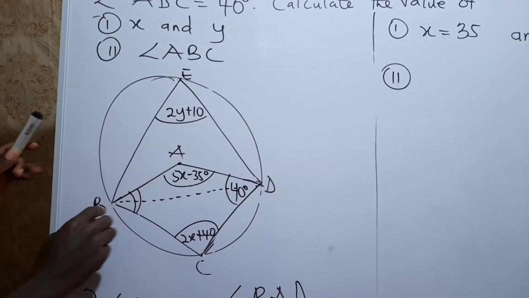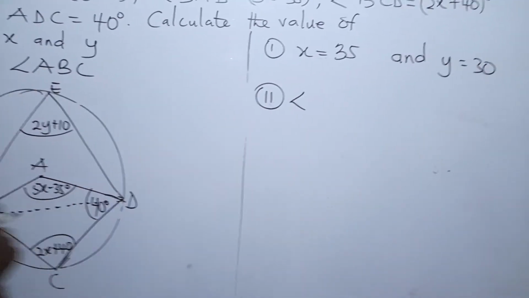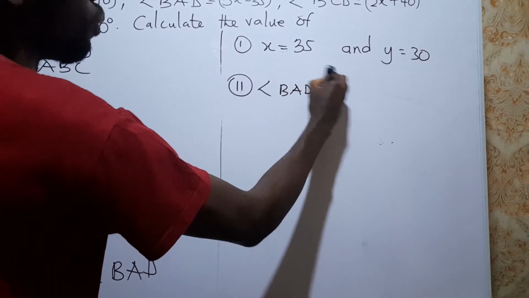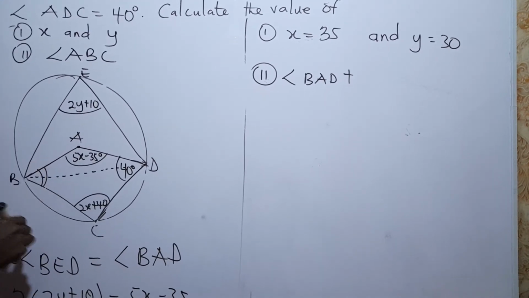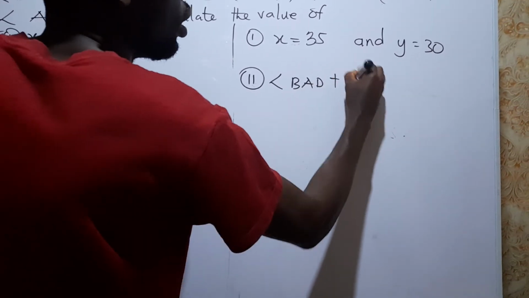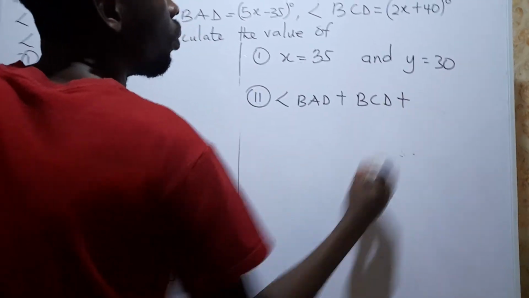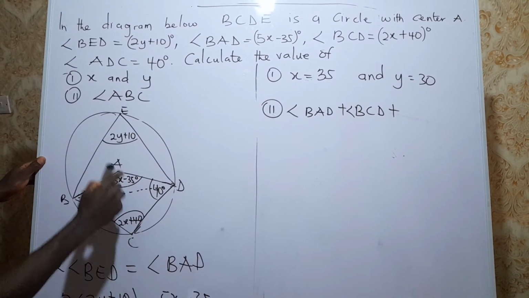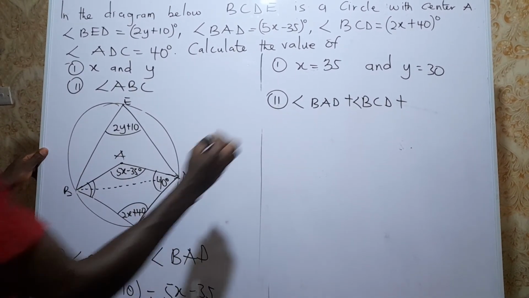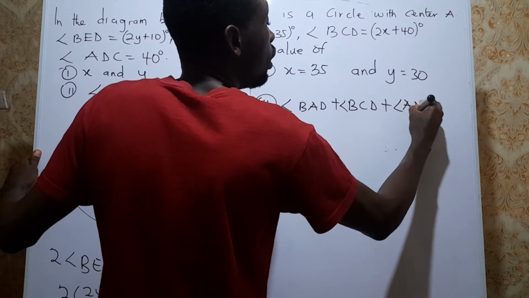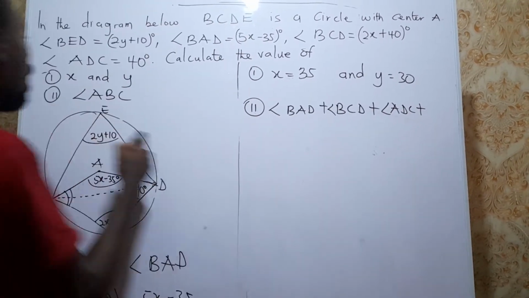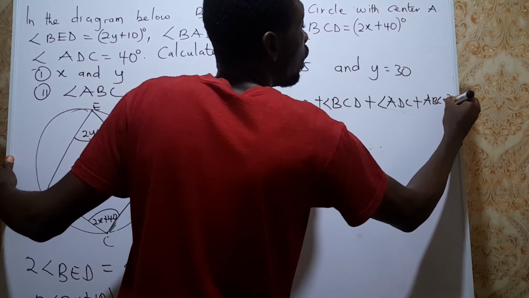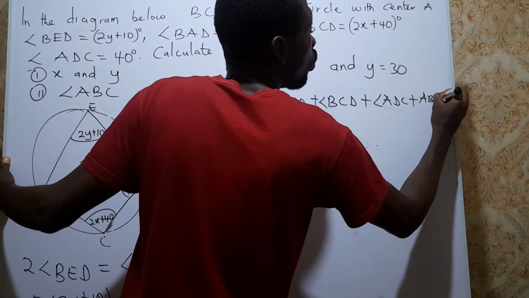So we can say angle BAD plus angle BCD plus which angle? The angle here, that's angle ADC, then plus our angle ABC should be equal to 360 degrees.